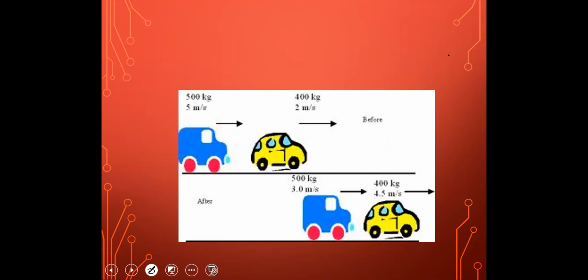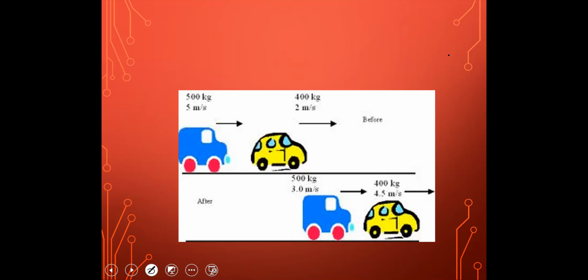This one here now. There's a bus and a yellow car. The mass of the blue is 5, and the car is 4. The velocity of the blue is 5, and of the yellow is 2. After collision, the blue car, which was moving with 5, now moves with 3 meters per second.